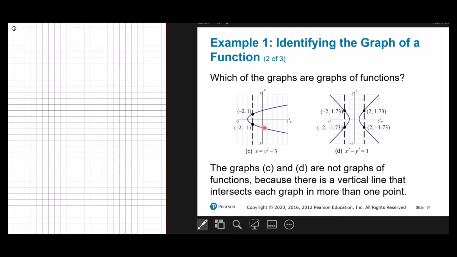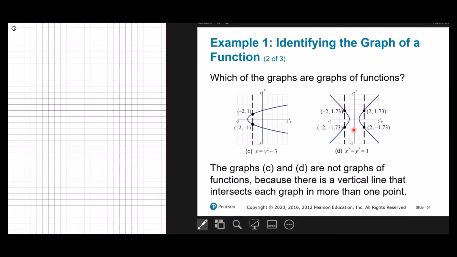And the same thing is true of letter D, but letter D is the graph of a conic section called a hyperbola. And if we have time, we'll talk about conic sections. And there's only 2 vertical lines that will hit this graph at exactly 1 point.